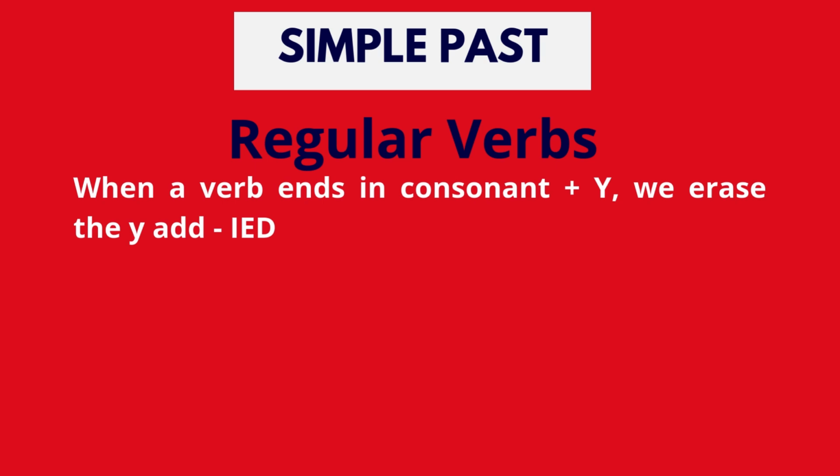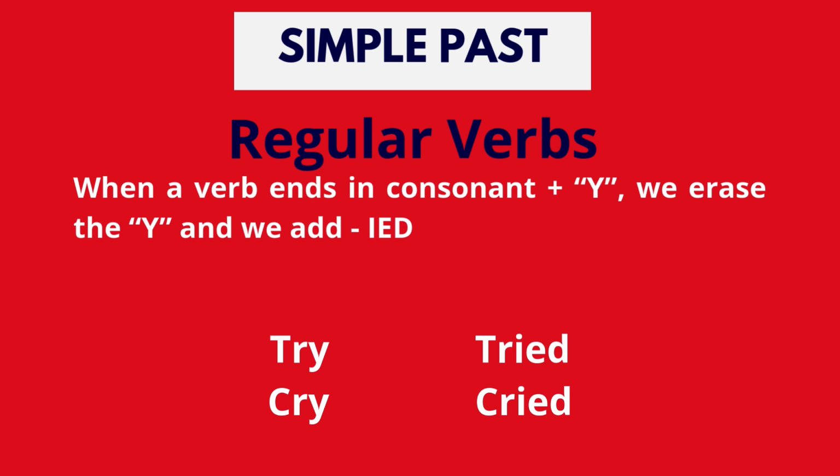Then, the next rule, when a verb ends in a consonant plus y, we erase the y and we add ied. Example, here, try. Try is consonant plus y. So we have to erase that y and replace that y with an i. And then we have to add ed.